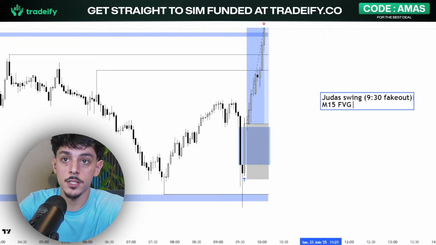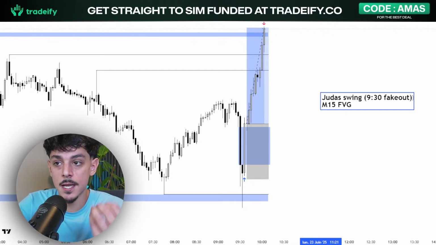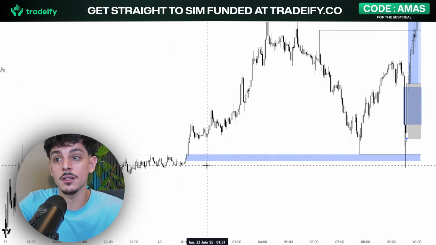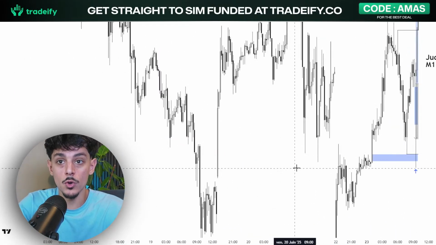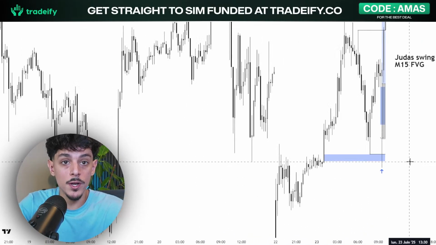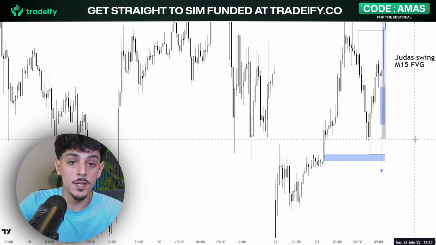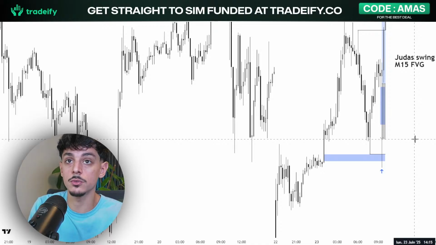M15 fair value gaps tell me who's in control of the market when price taps this zone. If it taps the bullish 15-minute zone, I know that the last time price was trading from 21,176.5 all the way to 21,793.25, buyers were interested in price and aggressive to the upside.